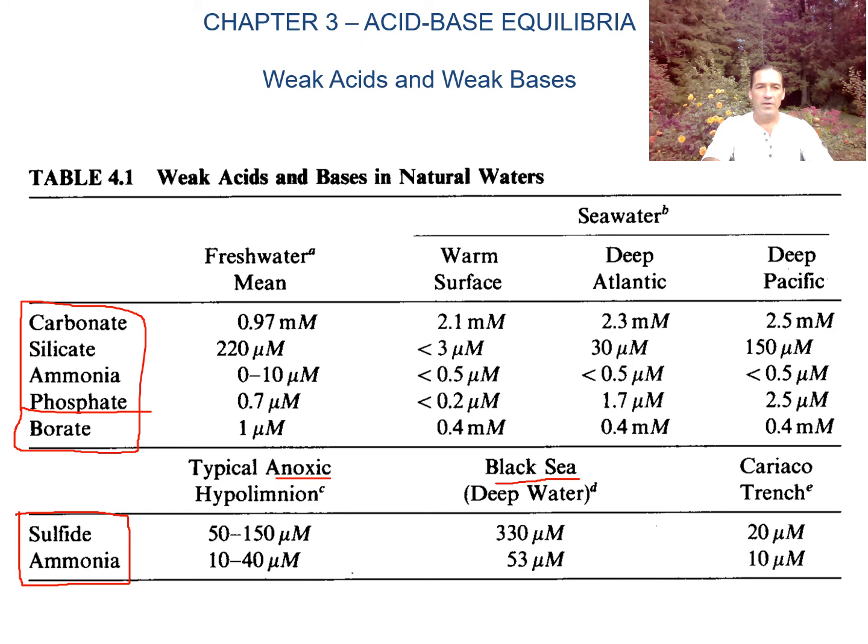But note, too, getting back to the beginning slide about this gigantic acid-base reaction, note how the freshwater systems contain different amounts of these bases compared to seawater. And we could talk a lot about why we're getting these changes, say in carbonate, in freshwater, and then an increase in deep water, in the seawater.